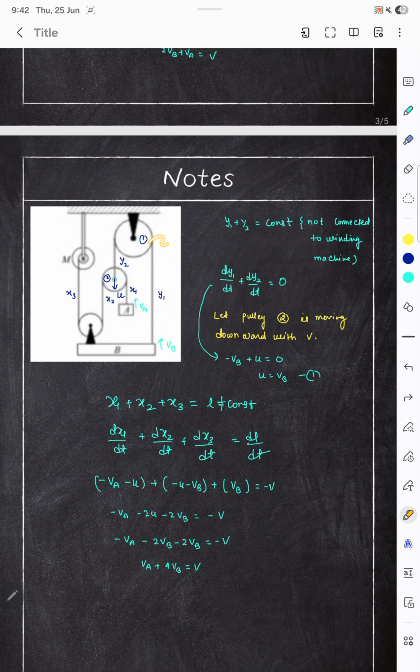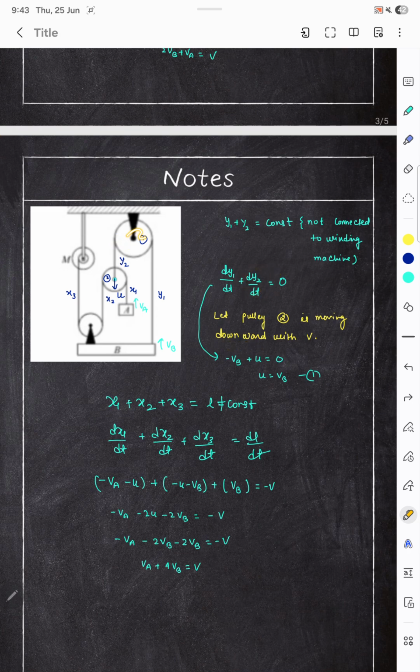Now we analyze dy1 by dt. Here y1 has two ends. One end is moving upward with velocity vb, which will decrease the length y1, that's why it is considered as minus vb. And the other end is fixed, that's why its contribution is 0. Now we analyze dy2 by dt.